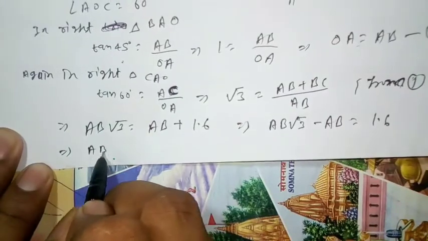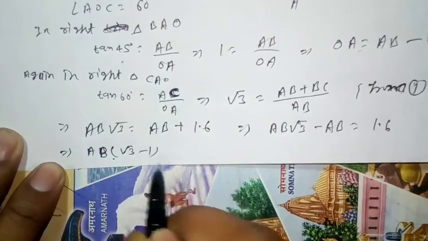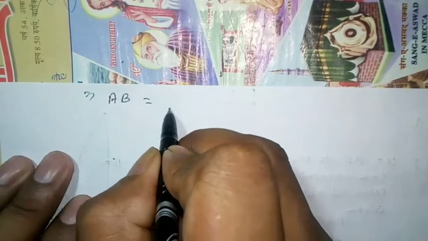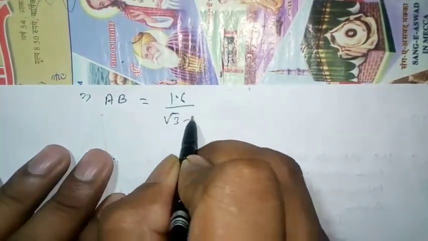Implies AB is common, root 3 minus 1 is equal to 1.6. Implies AB is equal to 1.6 by root 3 minus 1.